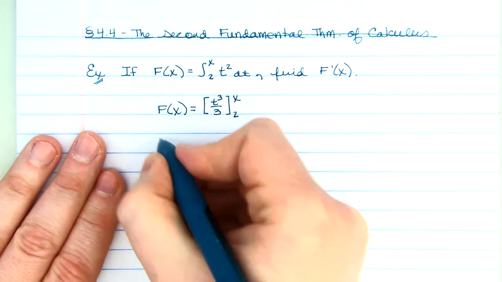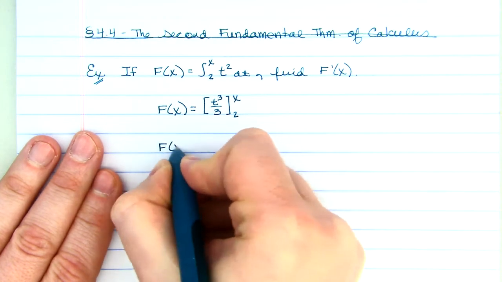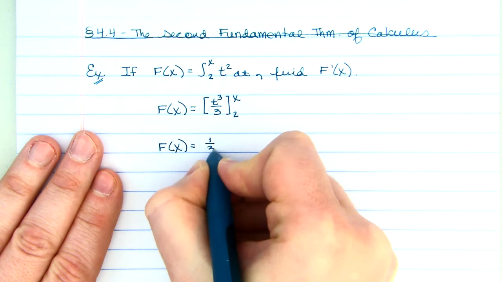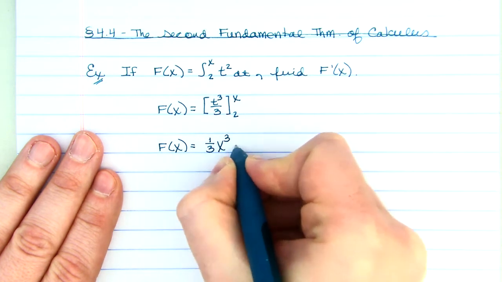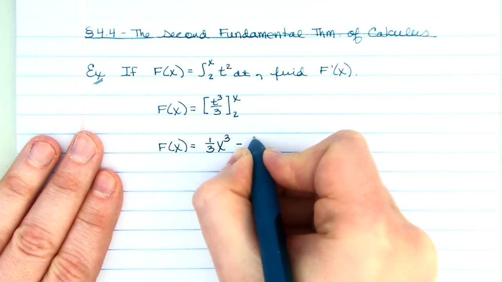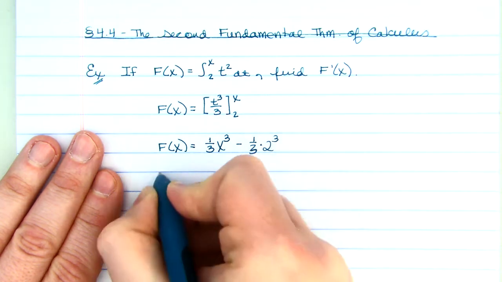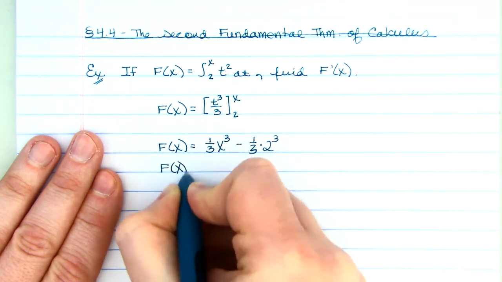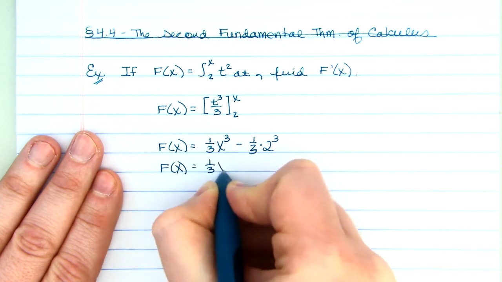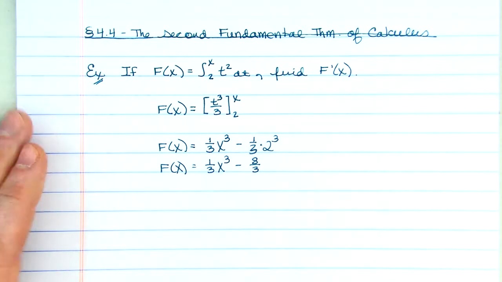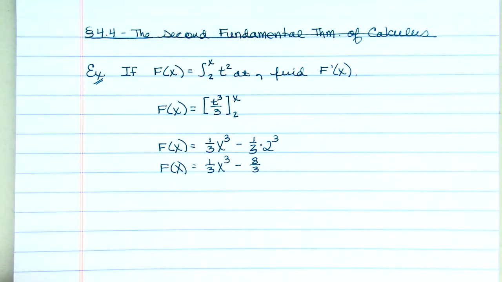I'm going to plug in an x where the t is. I'm going to get F of x equals 1/3 x cubed minus 1/3 times 2 cubed, or F of x equals 1/3 x cubed minus 8/3. This is my capital F of x.